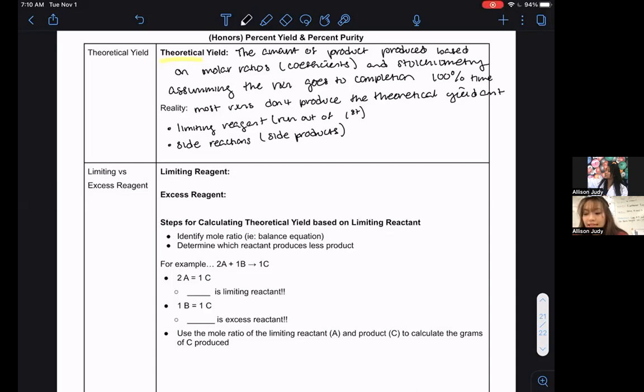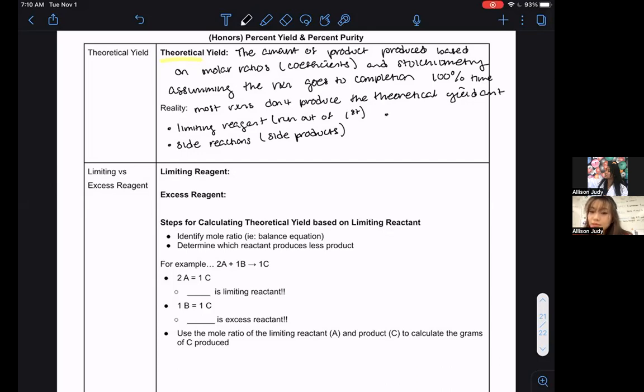And if we don't collide in that way, we can actually break the bonds in different places than we want them to be broken. That means we connect the bonds in a different way than we want, so we actually get products that we don't want. That's side reactions or side products.